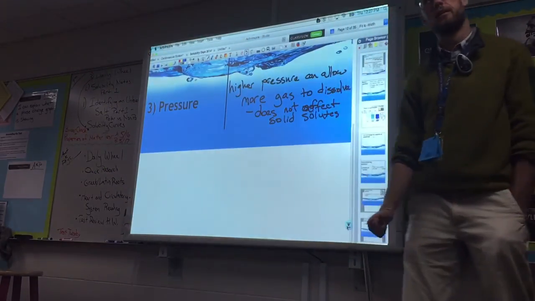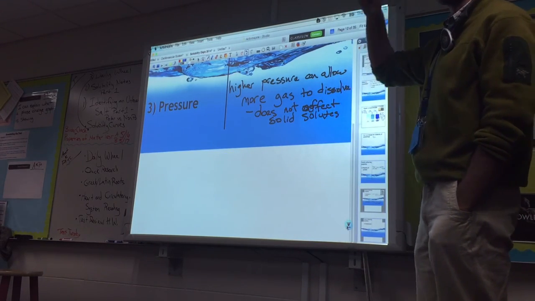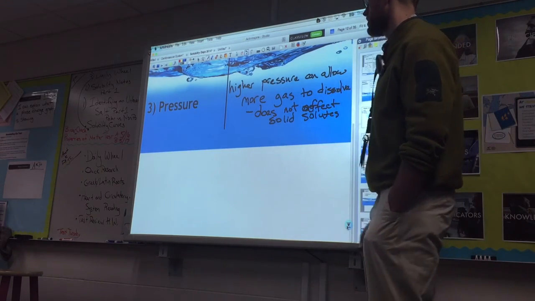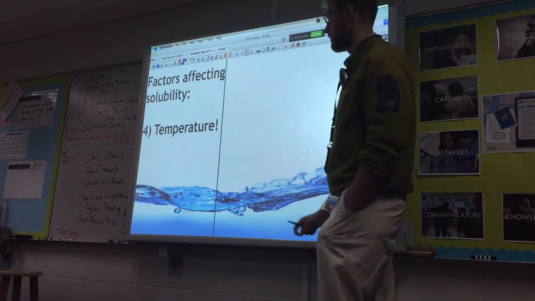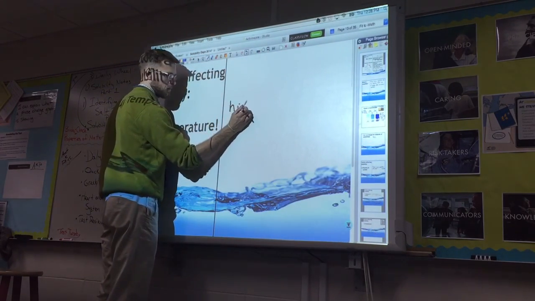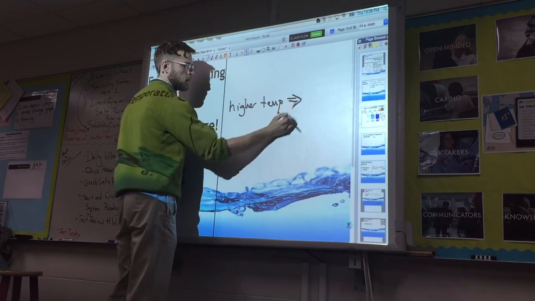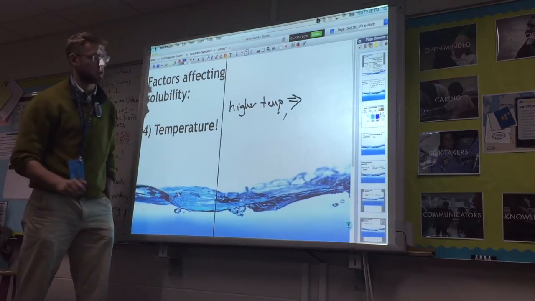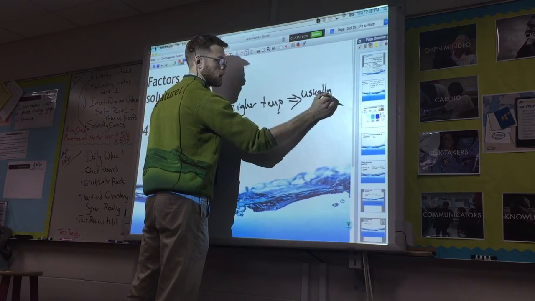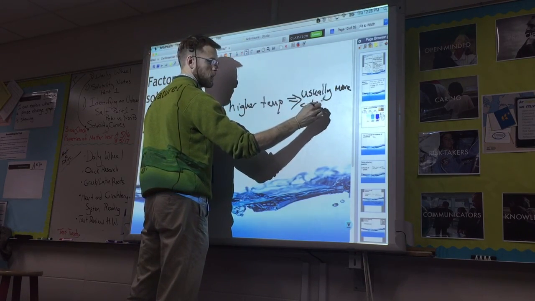And the last one, the final one, is the one that we're going to use next week, and it's going to be the more difficult thing to get our head around. So focus in real quick. Temperature is the other thing that can affect solubility. A higher temperature, usually, not always, but usually more solute can dissolve.